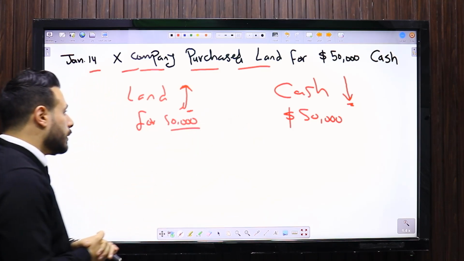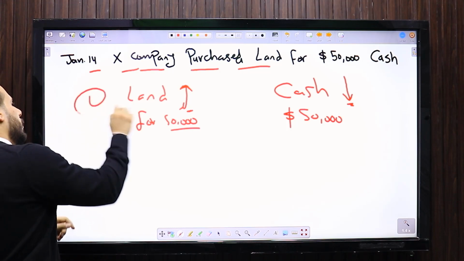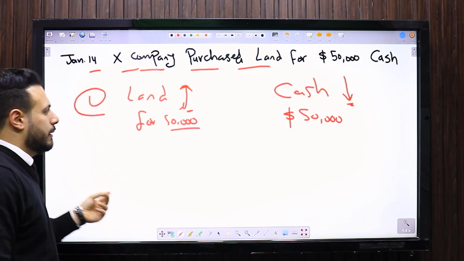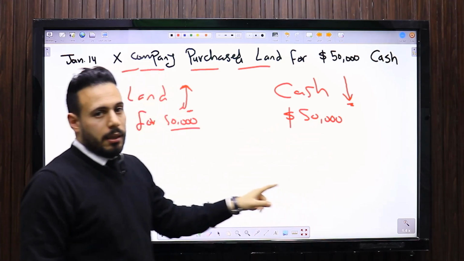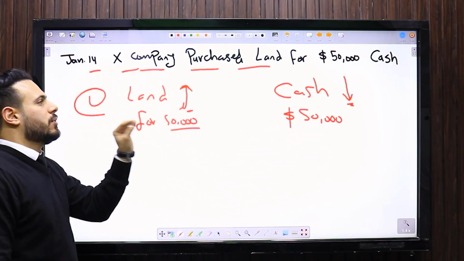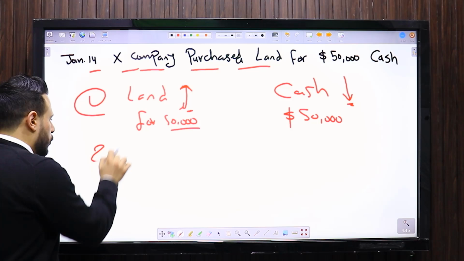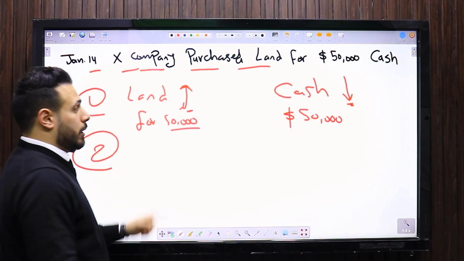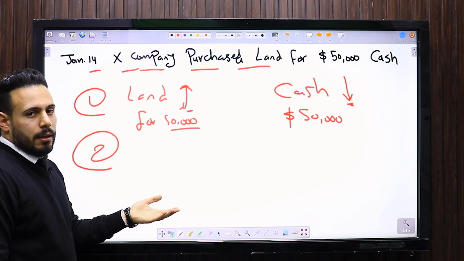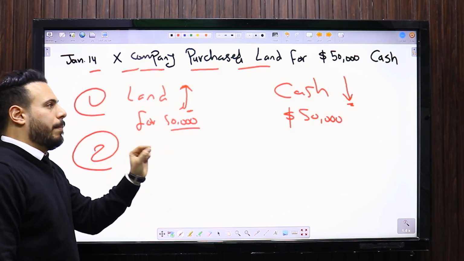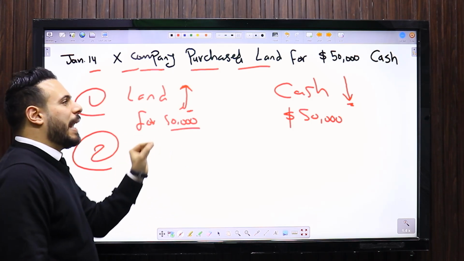So step number one: land will increase and cash will decrease. This is the analysis for this transaction. Step number 2, we want to record this transaction by using the double entry system, debit and credit.